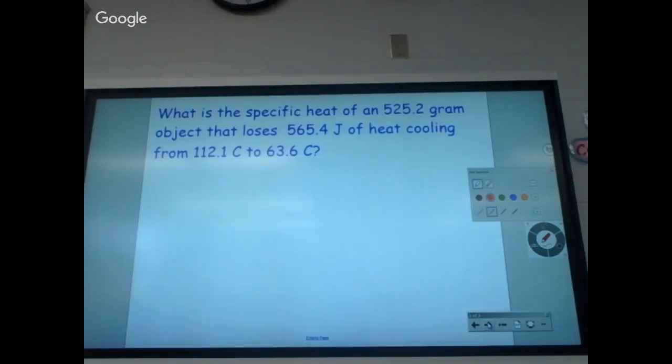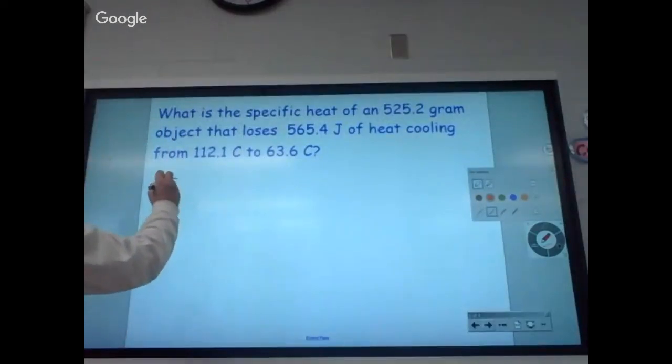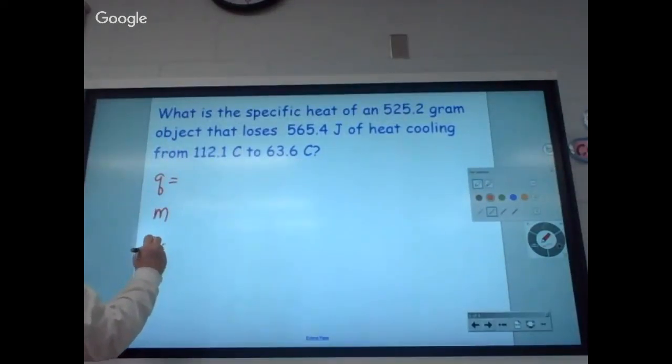Do I need to go ahead and put Q equals M C P delta T? Okay, sure. All right, we got it written? So, what do we know? The mass is 5. What is the CP?